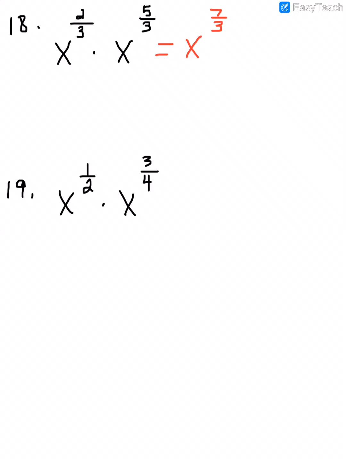So we have to get a common denominator, and the least common denominator would be 4. So that means for that first term, I need to multiply its exponent by 2. And that gives me x to the 2 over 4 power times x to the 3 over 4 power, which is x to the 5 over 4.